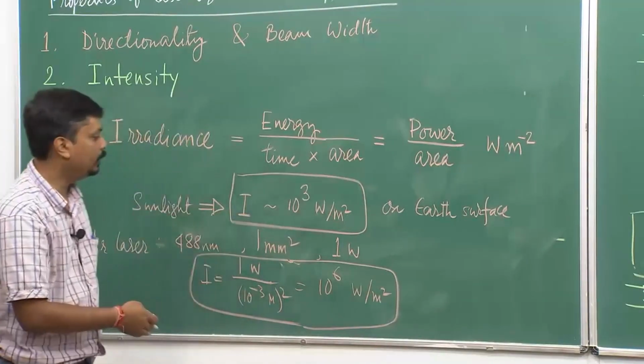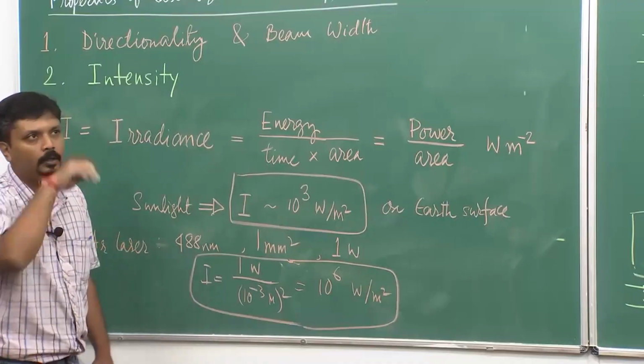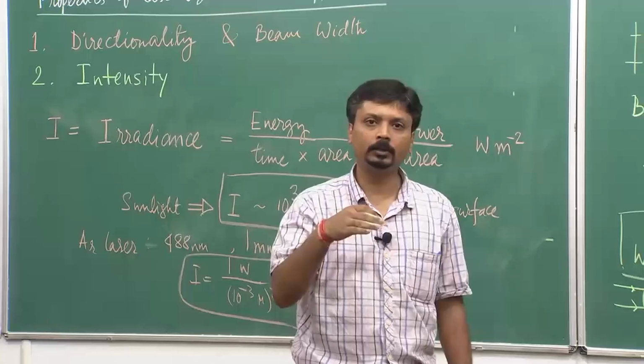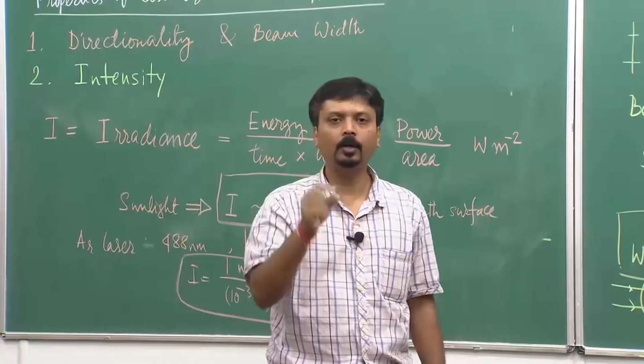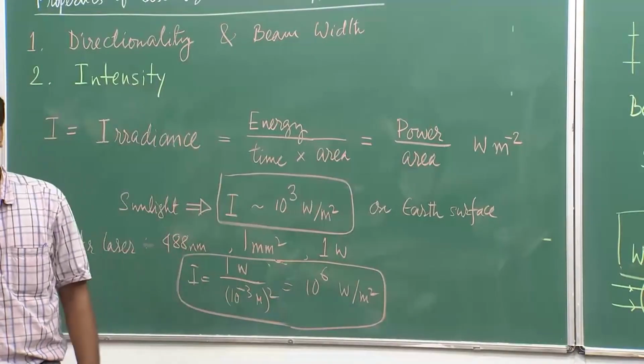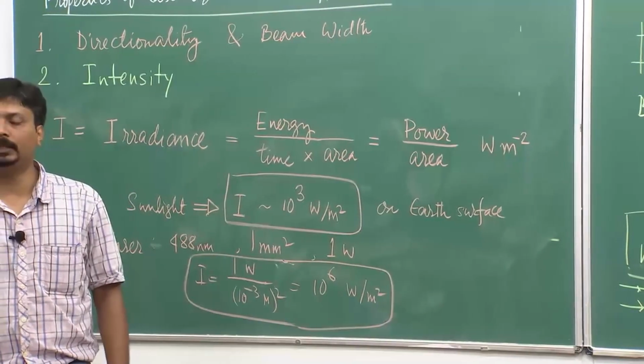If you talk in terms of the diffraction limit, because the beam cannot be focused down to a spot, there is a limit. Typically the diameter of the beam is approximately lambda by 2. Lambda is the wavelength of light.